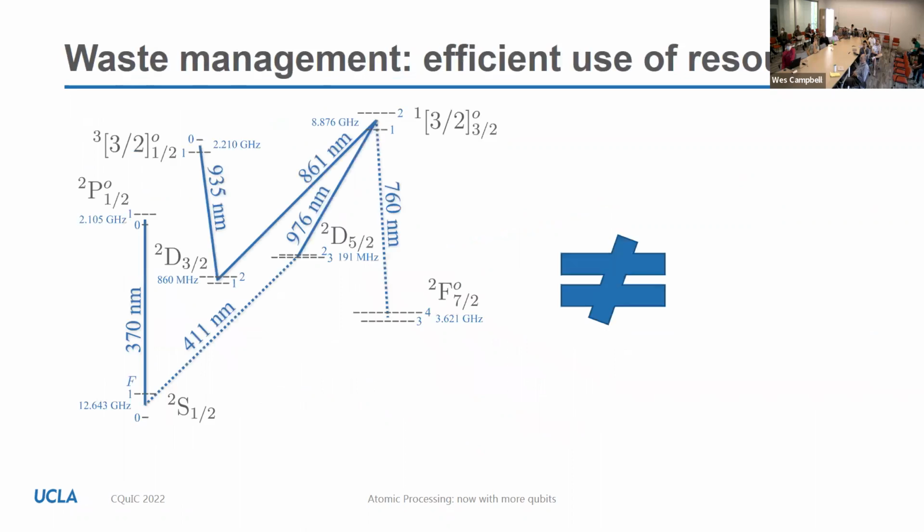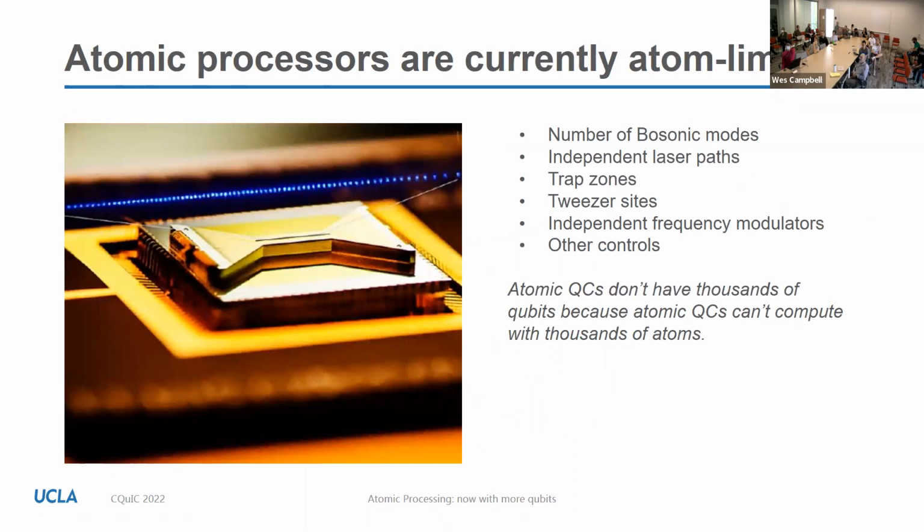So thinking about use of these resources, these multi-level things are not just a qubit, right? This is, I think, preaching to the choir here at Secret, based on conversations that I've had. Lots of people here are realizing the same thing: that we have lots of levels, we should use them. And if you think about how atomic processors work, whether it's a Rydberg tweezer system, trapped ions, or optical lattices, they tend to be limited in the number of atoms they can work with in a high fidelity computation.